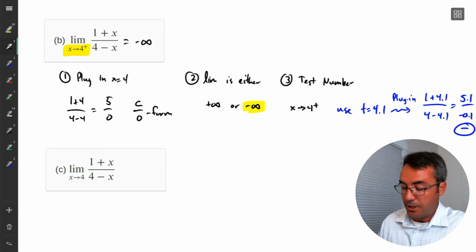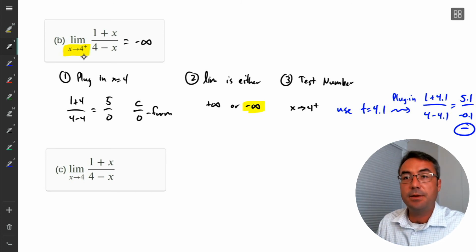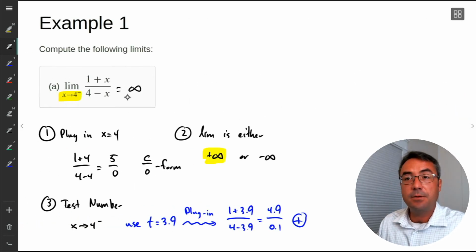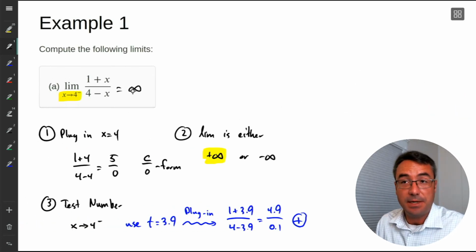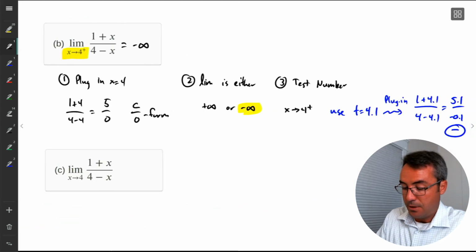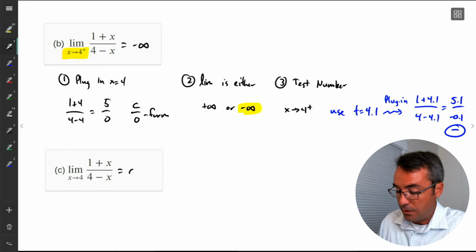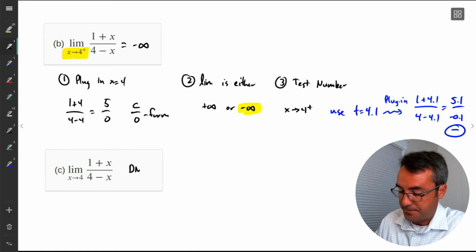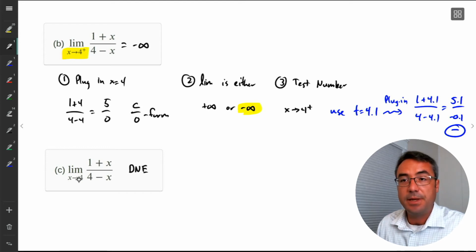All right, so let's put it all together. We found the right-hand limit was minus infinity. We found the left-hand limit was positive infinity. And because those are different, we say that the overall limit does not exist. So the limit as x approaches 4, the overall limit here, does not exist.